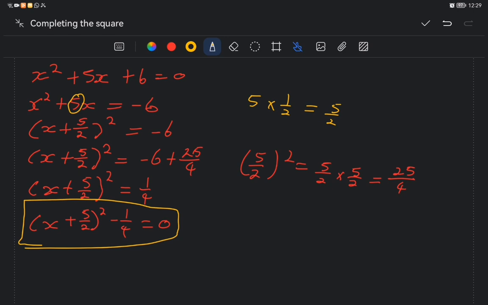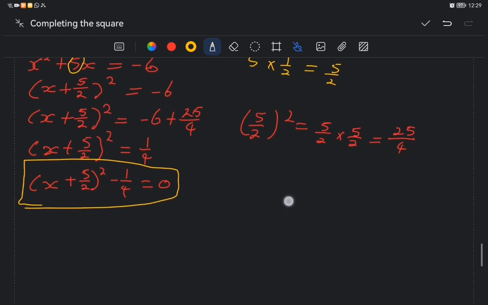Now let's take another example. Now let's say we have x squared minus 3x plus 2 is equivalent to 0. How do we go about that? Same thing. Take the number to the right hand side.